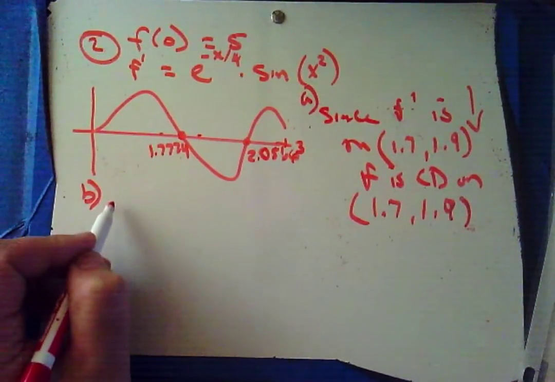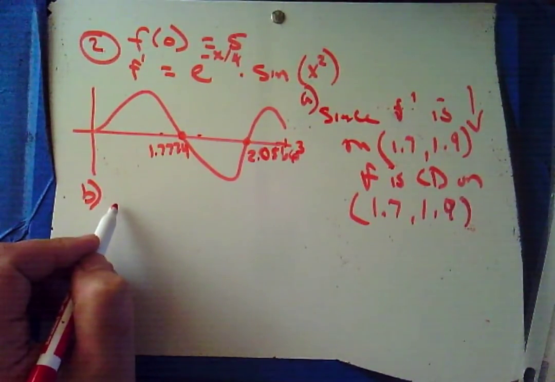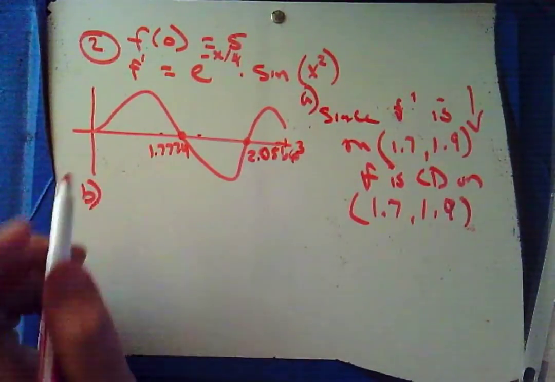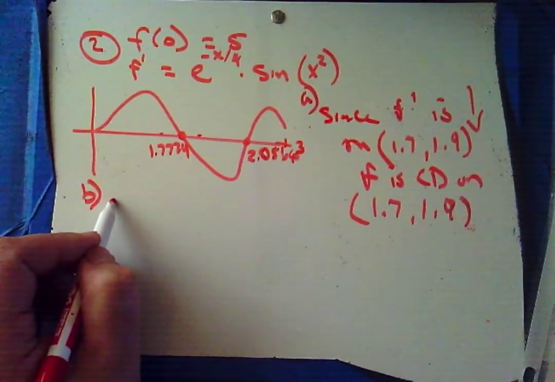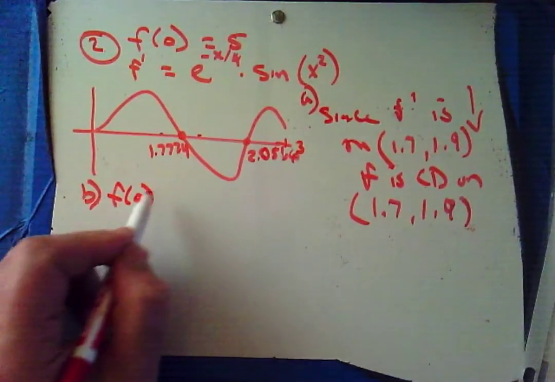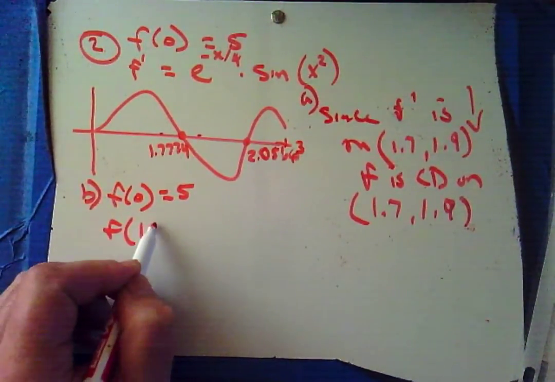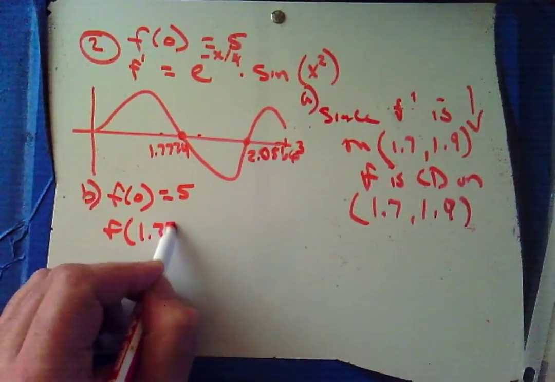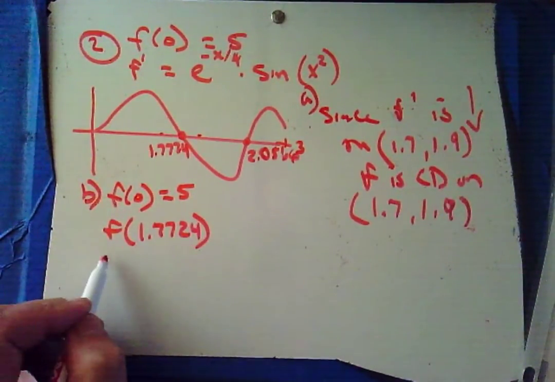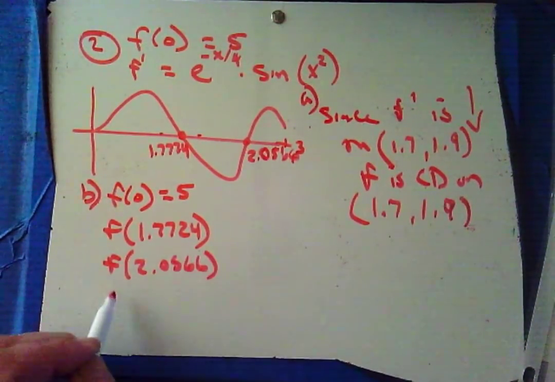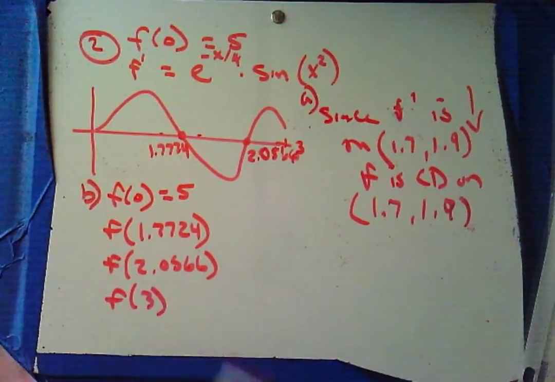I'm thinking about this one of two ways, and I think these days we should use the candidates test. So I want to consider f of 0, which they told me was 5. I want to consider f of 1.7724. I want to consider f of 2.0566, and I want to consider f of 3.